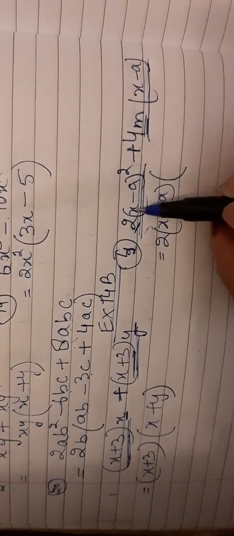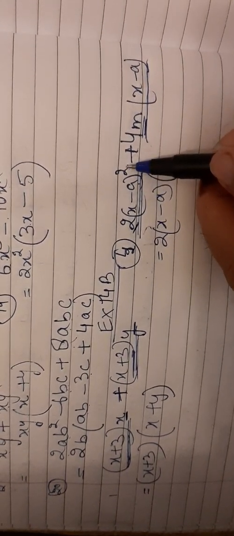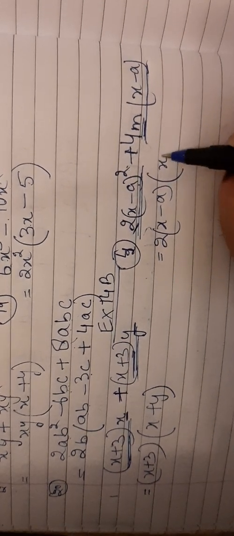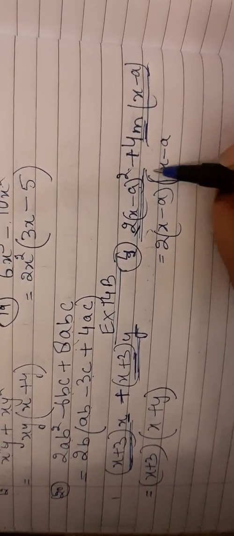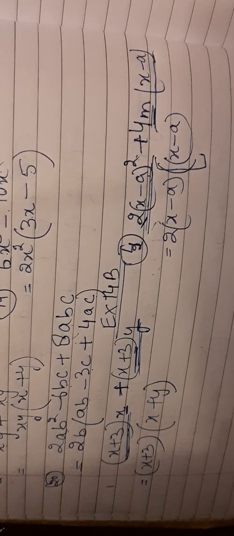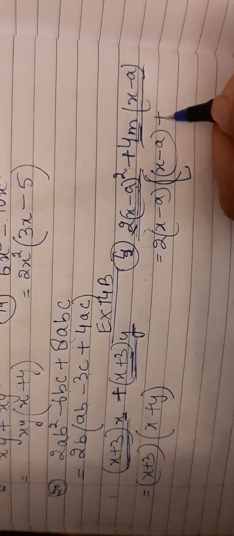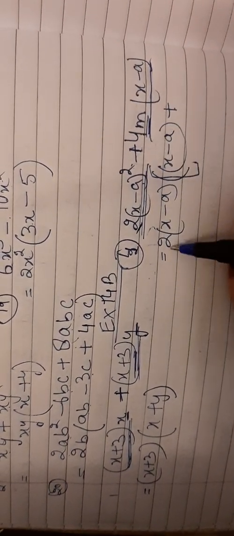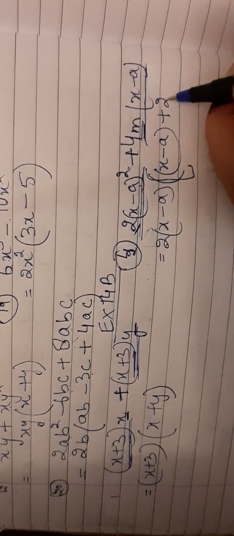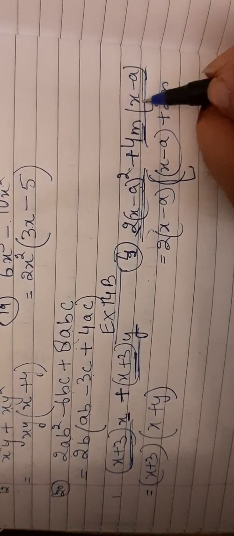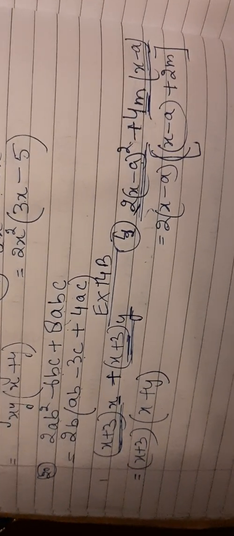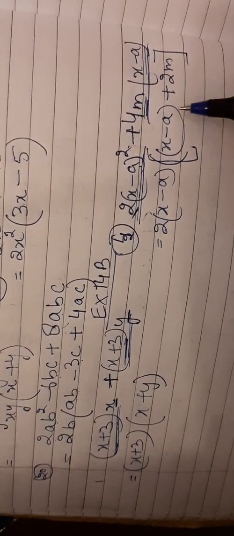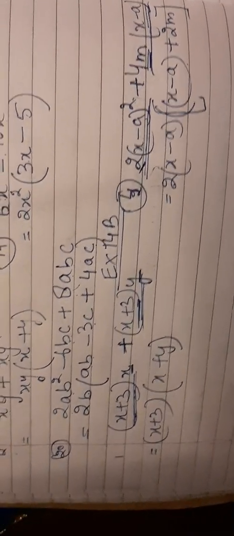It is having x minus a as power 2, so there is x minus a still left. One binomial x minus a is left, plus out of 4, 2 has been taken common, so 2 and then m, and this has been already taken common. So this finishes your factorization of the fourth question.